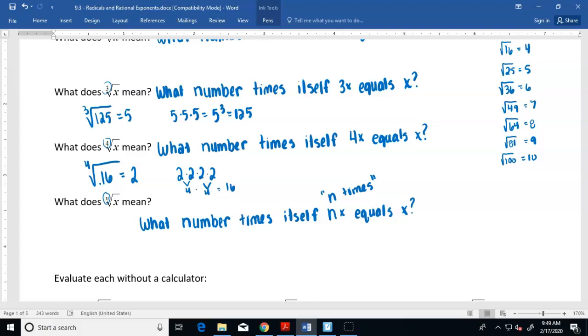Can't take a square root of a negative. No number times itself will give you a negative. Right? So negative 4 times negative 4 gives you positive 16. Whenever you get to upper level maths, you will learn about the i. But for right now, we don't need that.